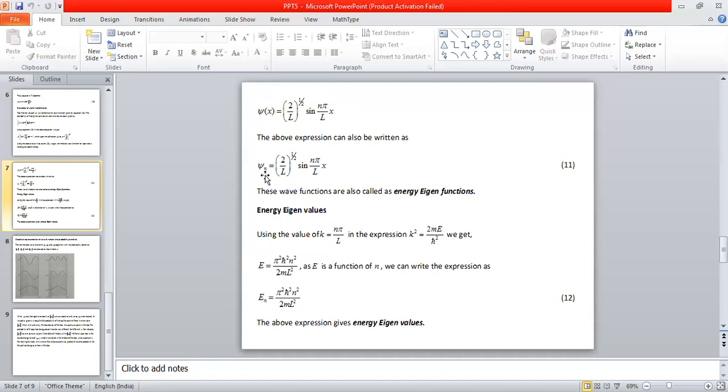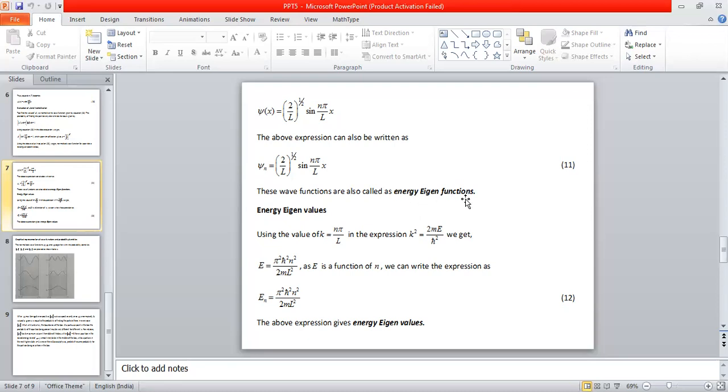In order to denote the quantum state, we write a subscript n for ψ. So ψ_n = (2/L)^(1/2) sin(nπx/L). This equation 11 represents the wave function of the particle inside the potential box. These wave functions are also called energy eigenfunctions.